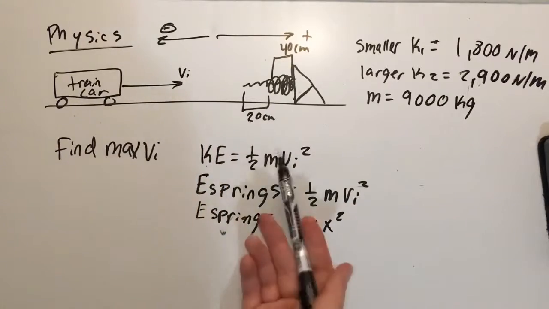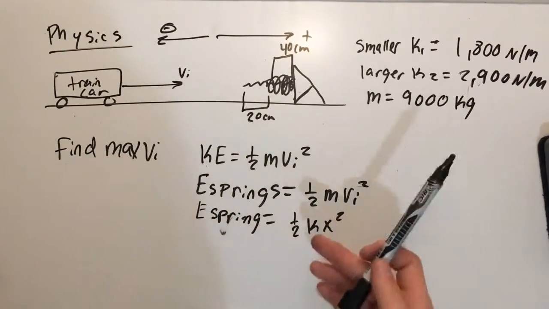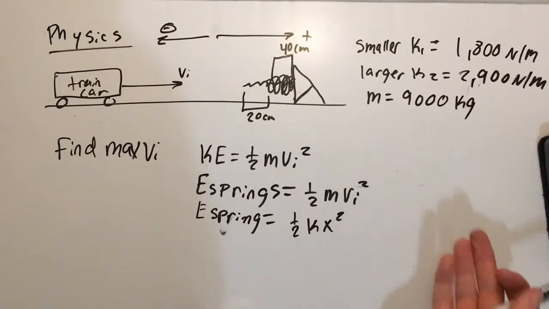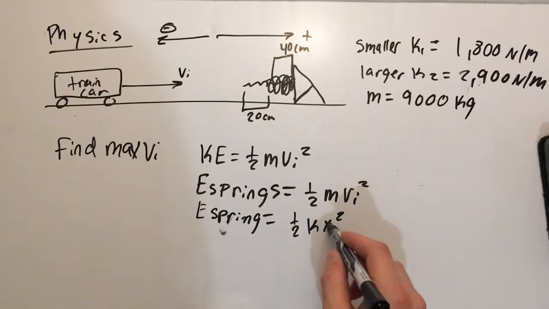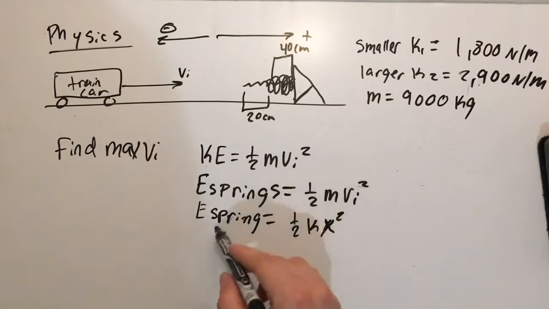When we sum the two, negative and positive, they'll equal 0. So if you move one of them over, then it's positive still. So 1/2 k x squared is the energy of a spring.